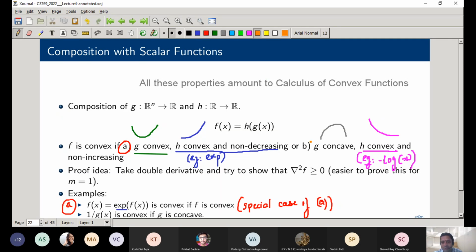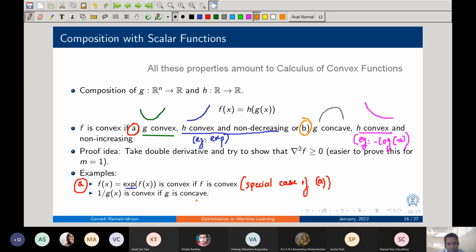Okay, so 1 upon x is convex and non-increasing for all x which are greater than 0. That's what you're trying to say, right?